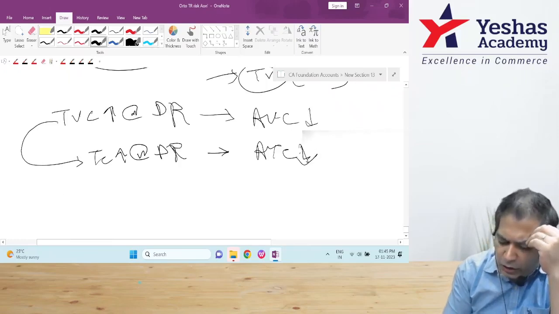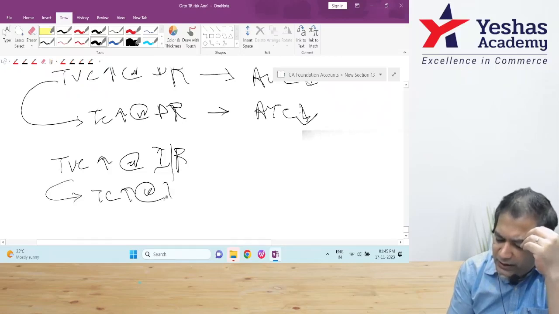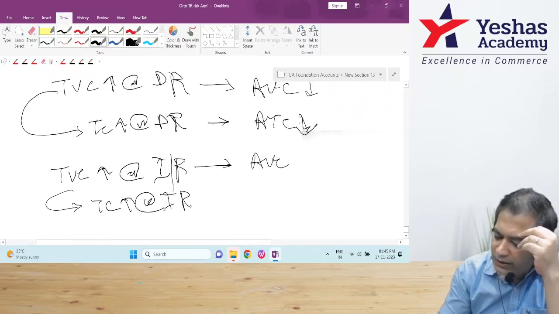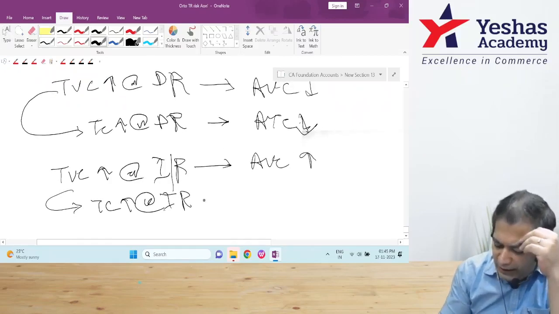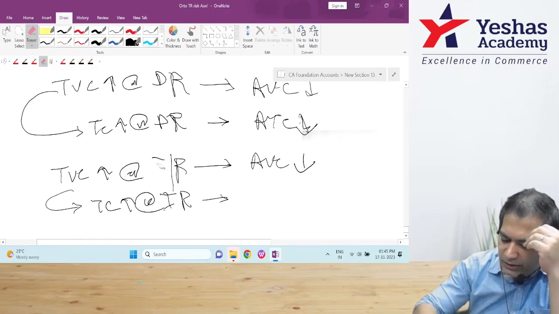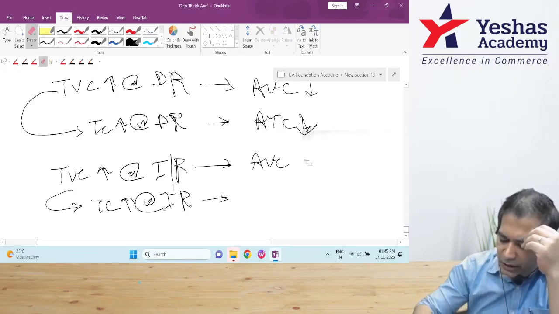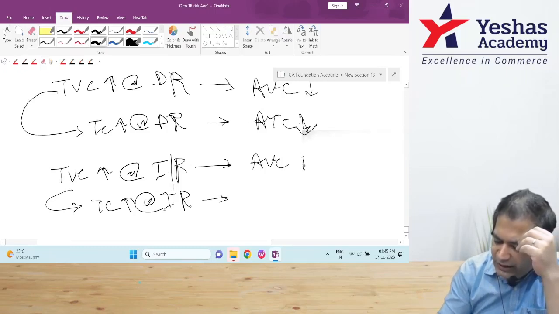And when total variable cost increases at an increasing rate, it means total cost will also increase at an increasing rate, correct? So when total variable cost is increasing at an increasing rate, average variable cost will increase.